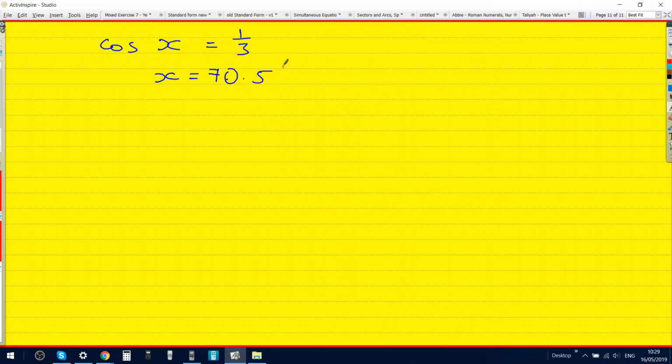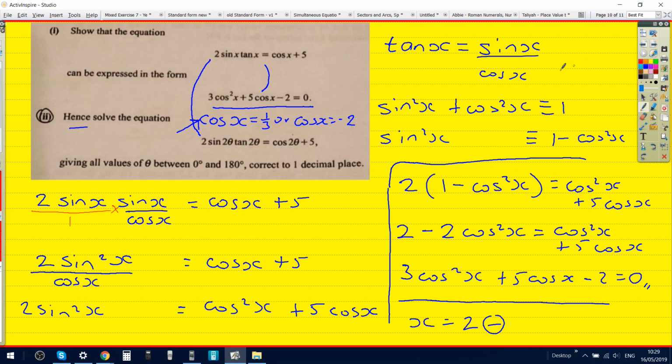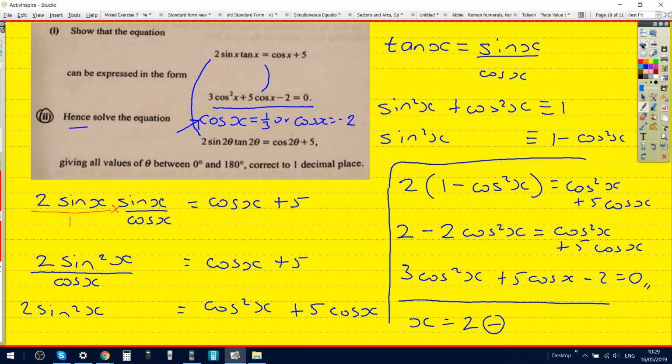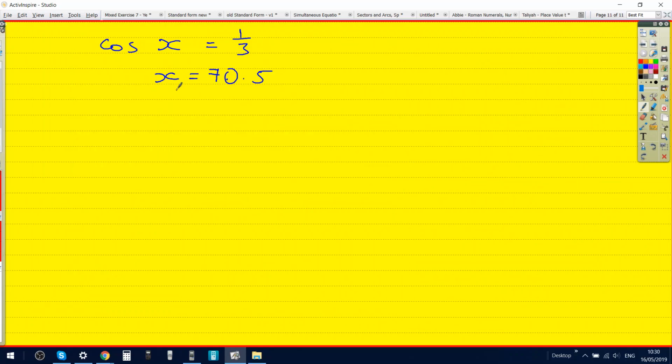How do you get additional answers? Hang on, it says it's between 0 and 180. 0 and 180, that's theta. So that's it really, but that was for part 1.